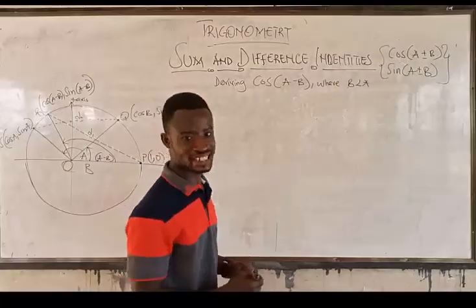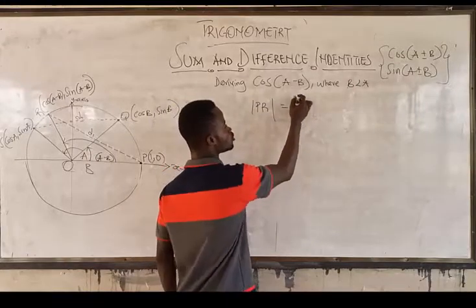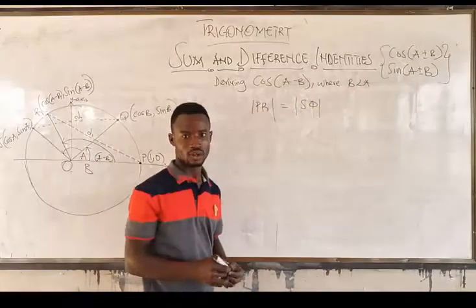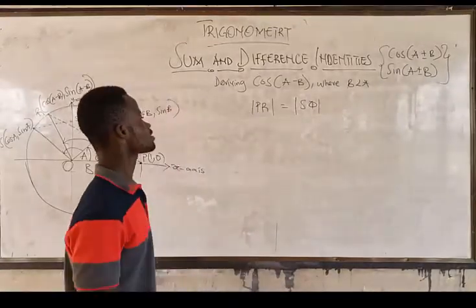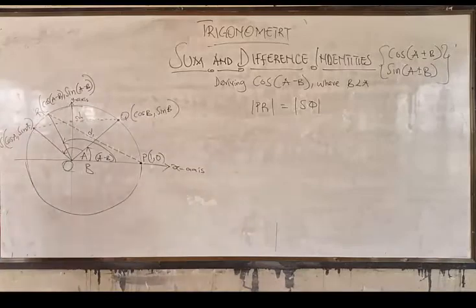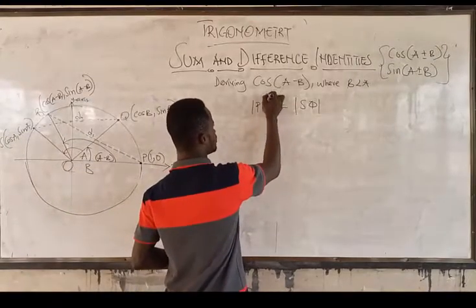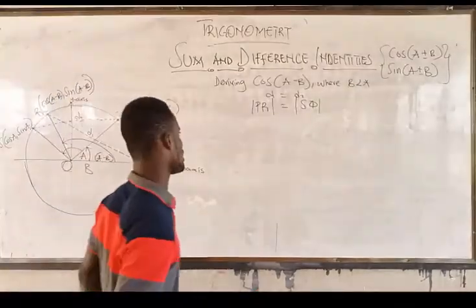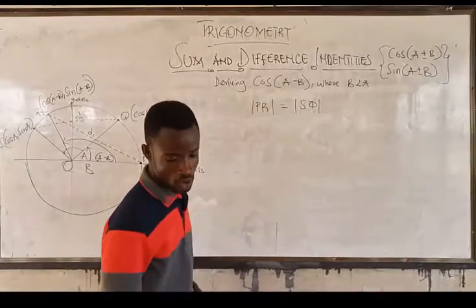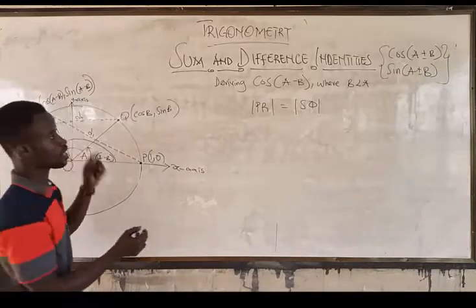So by distance formula, we can say that PR is equal to SQ, and that is representing D1 and D2 here. So we know that which one is the D1? PR. Okay.